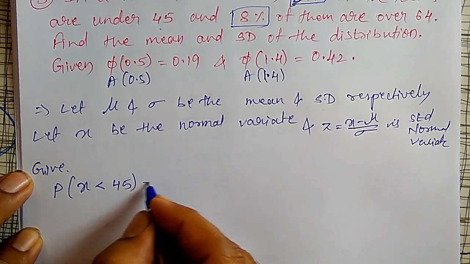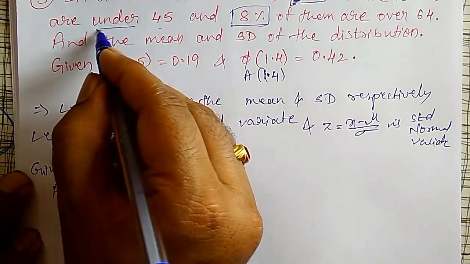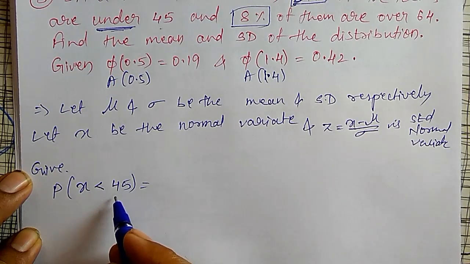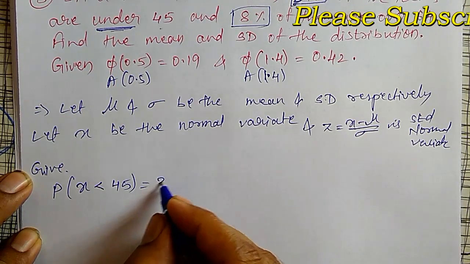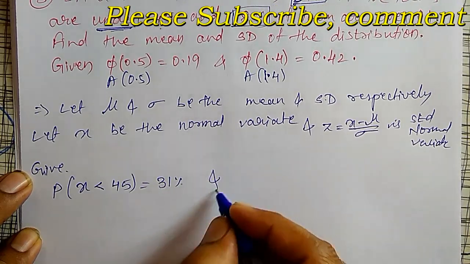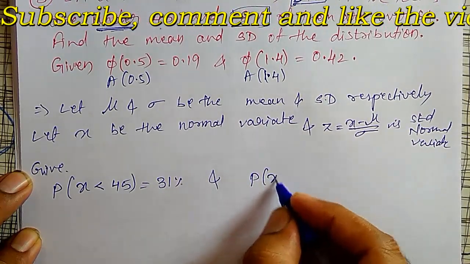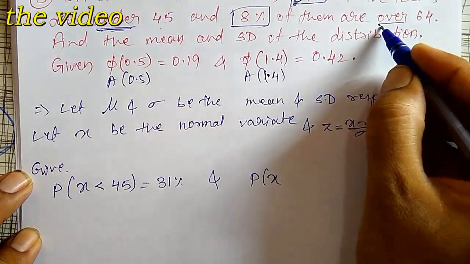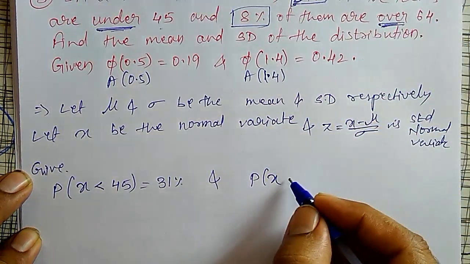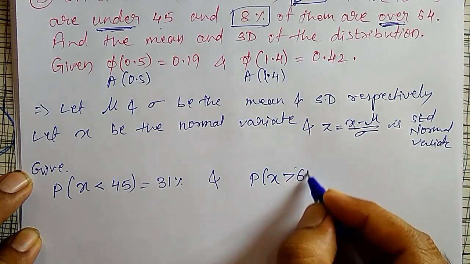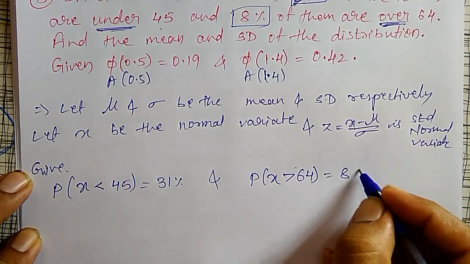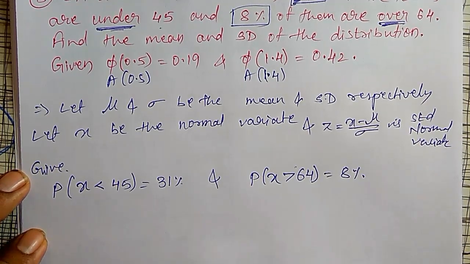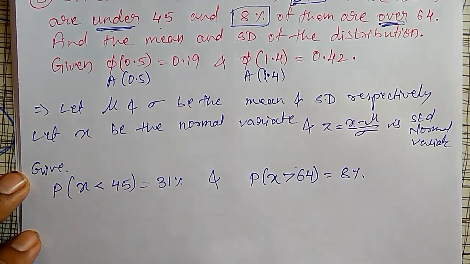The important thing is under 45, therefore probability of x less than 45 equals 31%, and the probability of x over 64, over means greater than 64, equals 8%. Using this, I have to find the mean and standard deviation.